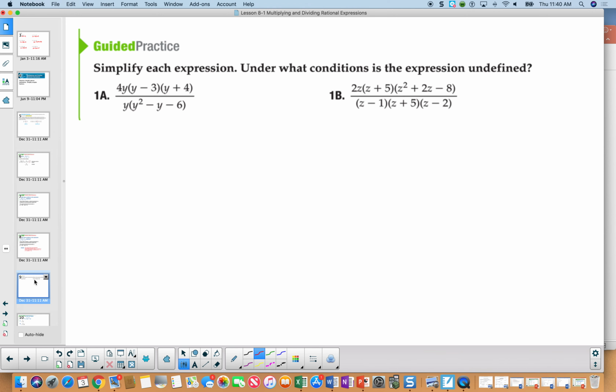All right, let's go ahead and continue to practice. We want to do two things. We want to simplify, and we also want to know the conditions under which the expression is undefined. So at first I'm going to factor the denominator.